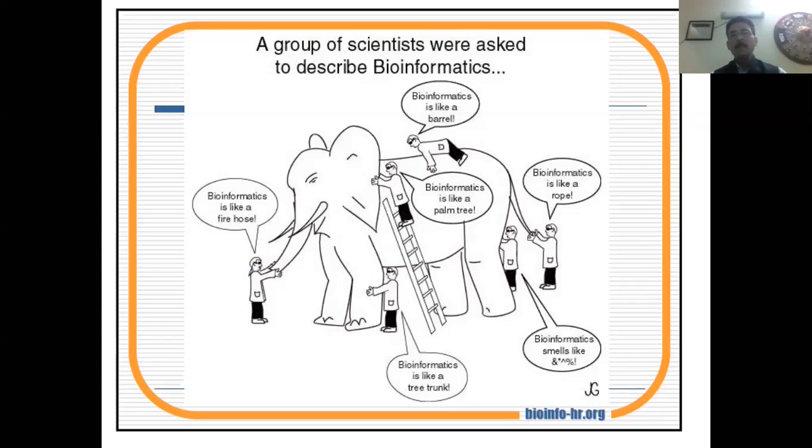Then, according to the part of the body of the elephant the particular person touched, he described the structure of the elephant. The person holding the tail said that the elephant is like a rope. The person touching the trunk said that it is nothing but a banana tree. So everybody was trying to explain the structure of the elephant according to his exposure.